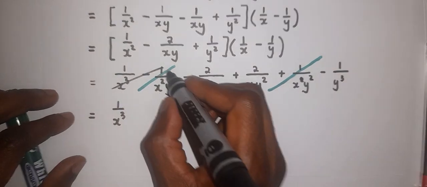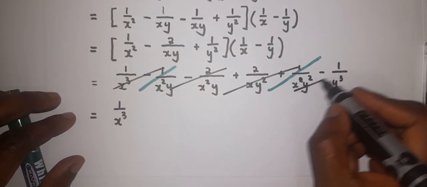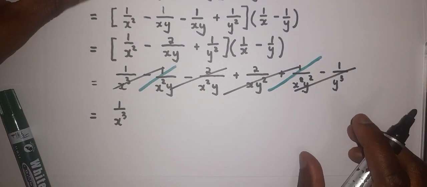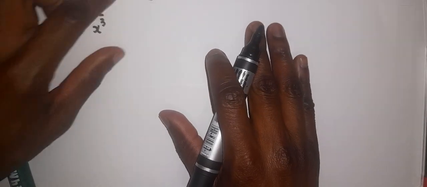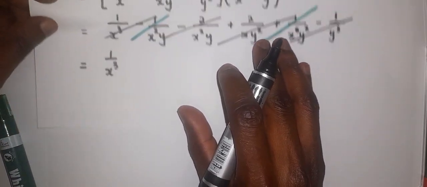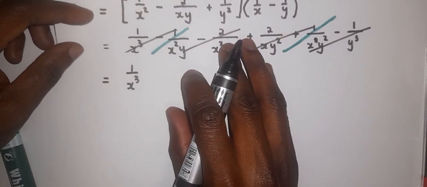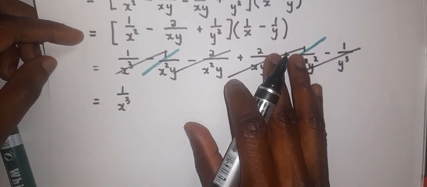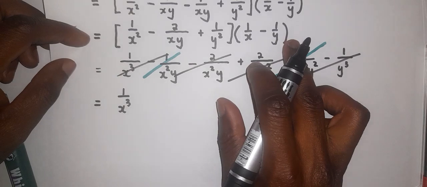Let me just redo this whole step so that nobody is lost. I'm just going to do it on a clean piece of paper. Right, so this is where I'm starting. I'm going to restart again from this part.